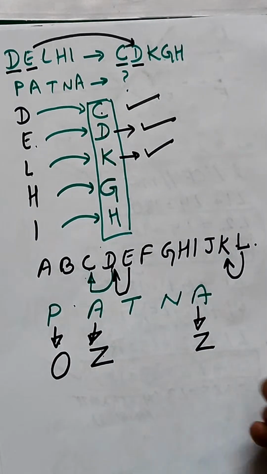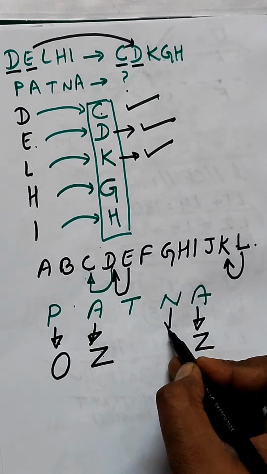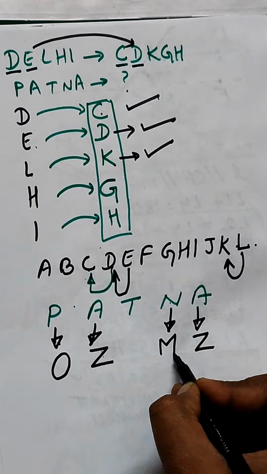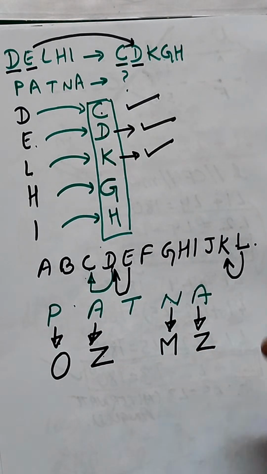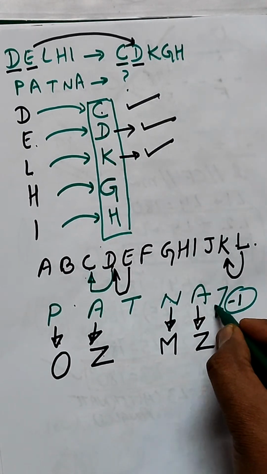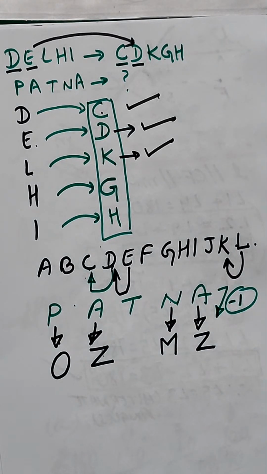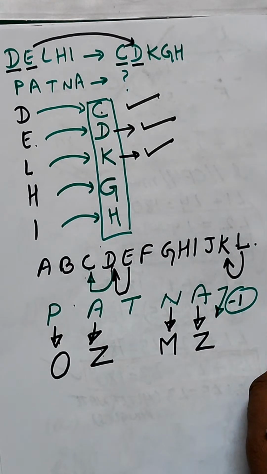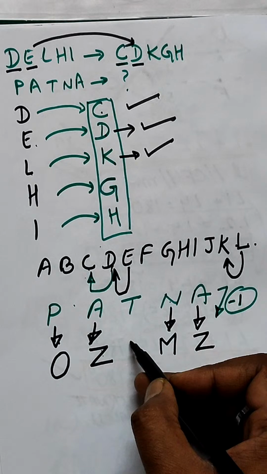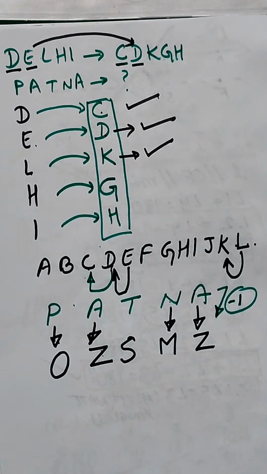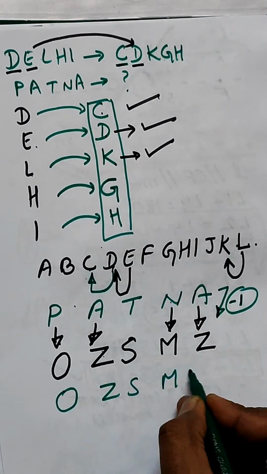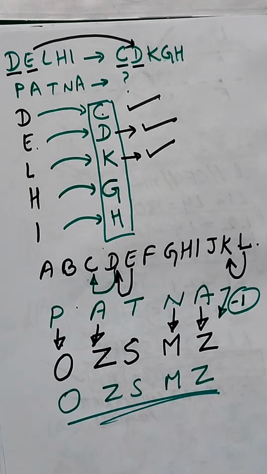In place of this, we will write Z. And N is coming after M. So in place of N, we will be writing M. You can see every time it's reduced by -1 in the sequence of the alphabets, right? Now, in place of T, it will be PQRST. So yes. So Patna can be written as OZSMZ in this coding language, right?